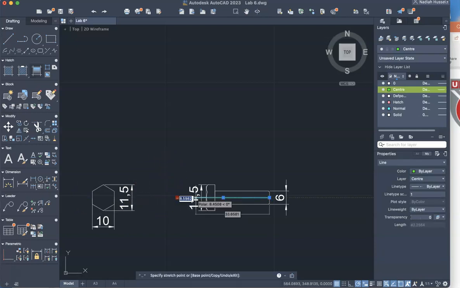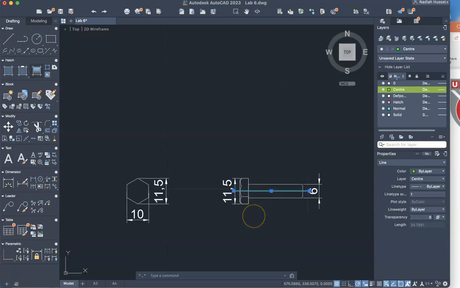The center line should only extend by 3 millimeters from the actual object. So for example, I have my center line this much. Now I would lengthen it by 3, like so, and over here, lengthen it by 3. So that is your center line.